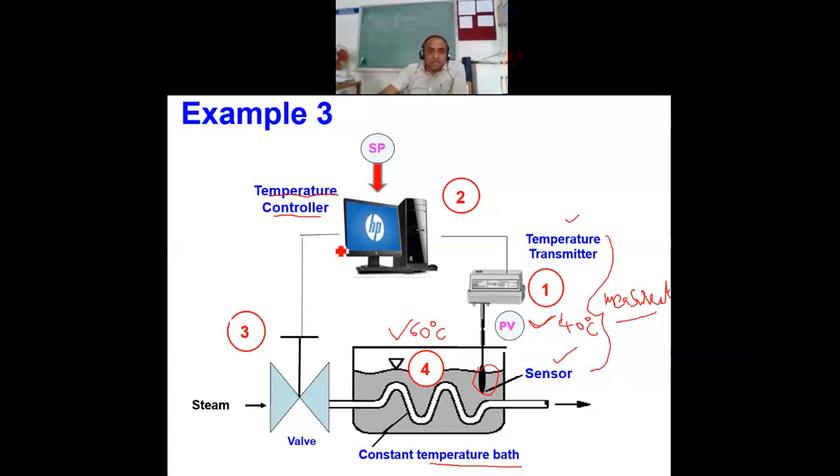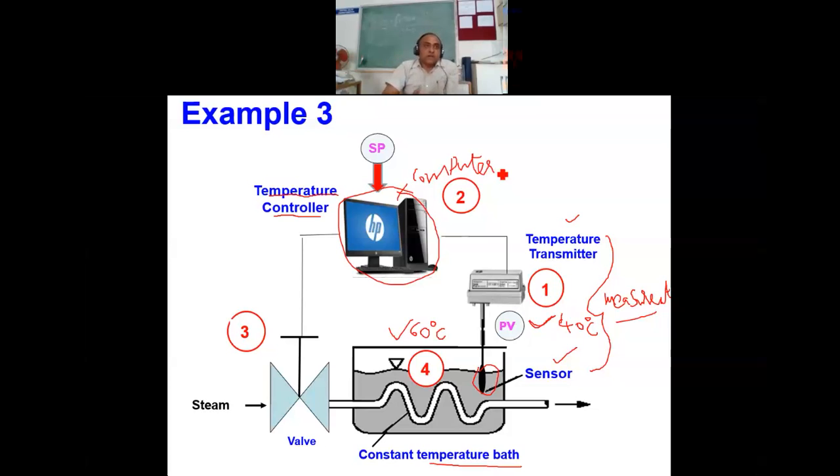Now the brain, which I call a controller, is your system, your computer. Can I call it a brain? Yes. If you give some programming, the computer will do that work.